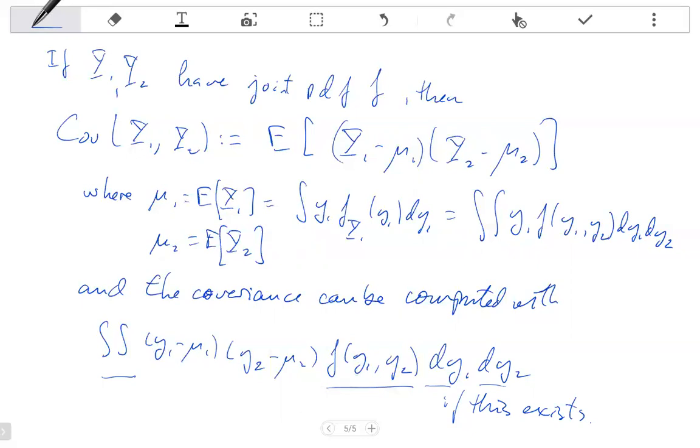It's also important to realize that you can use these basic definitions to compute the covariances, expected values, and variances of any linear combination of y's that you like. And you should note here that the covariance of a random variable with itself is simply equal to the variance of that random variable.